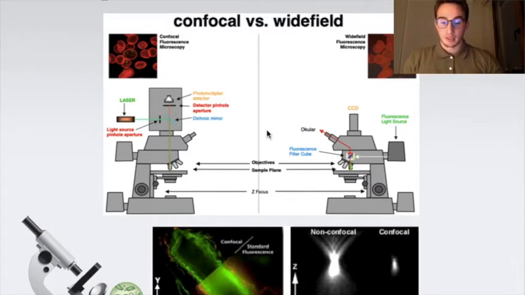As you see in this photograph, the wide field or non-confocal technique has scattered light, but confocal microscopy's laser light has point-like intensity. So this is very important in imaging, as you see in this picture.